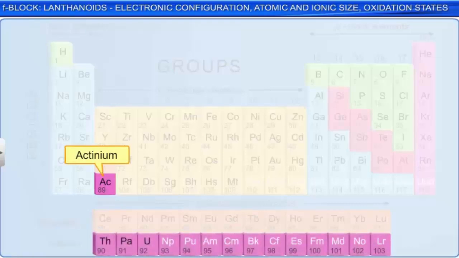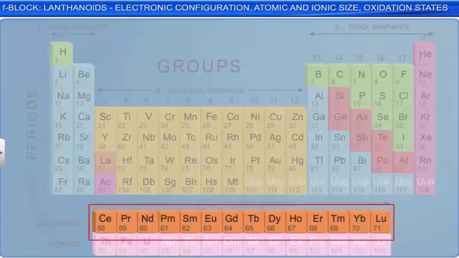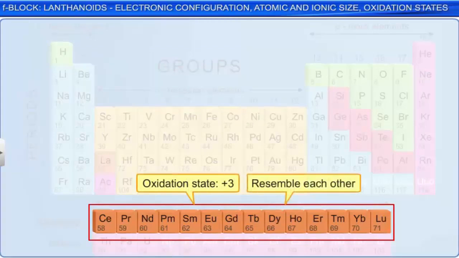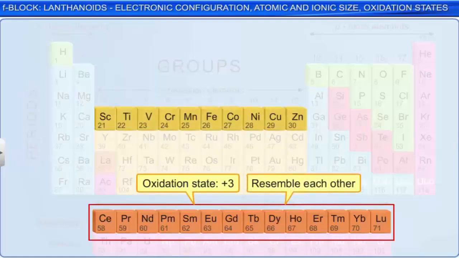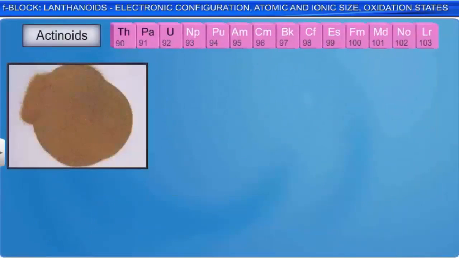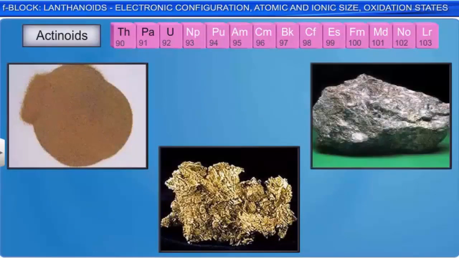Since lanthanoids effectively have only one stable oxidation state, +3, they resemble each other more closely than do a horizontal row of the transition elements. The chemistry of actinoids, on the other hand, is complicated. The complication is partly due to the occurrence of a wide range of oxidation states, and partly due to their radioactive properties.